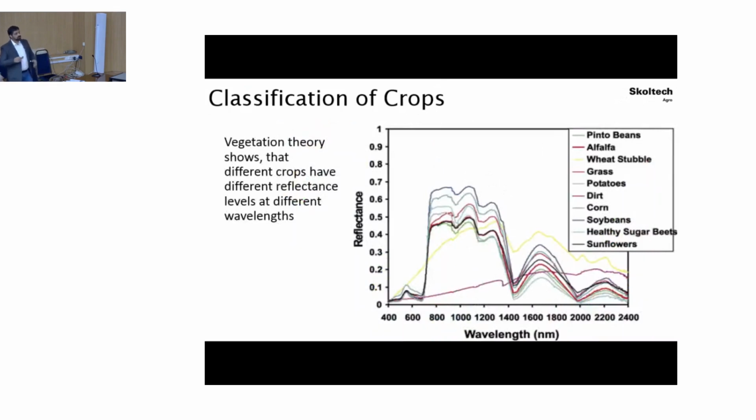We know that different crops at different stages of their growth reflect the incoming wavelengths at different rates. Okay, so this is where the spectral resolution of the sensors is important. So the higher the spectral resolution, the better the differentiation between crops or stages of growth of the crop.